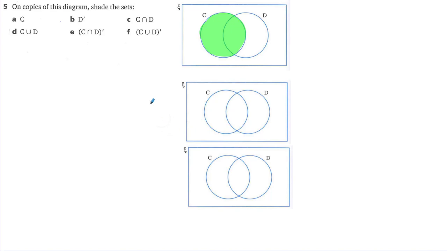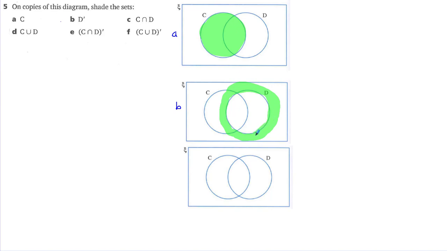Okay, this is the answer of the first one. And for the second one, I'm going to shade D not, which means I'm going to shade the outer side of D. Inside the D is the element of D, so when I say D not, it should be outside of it.